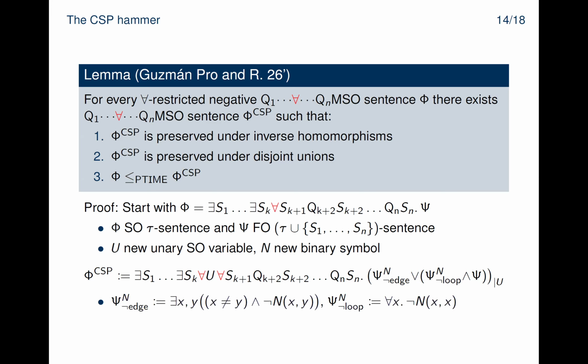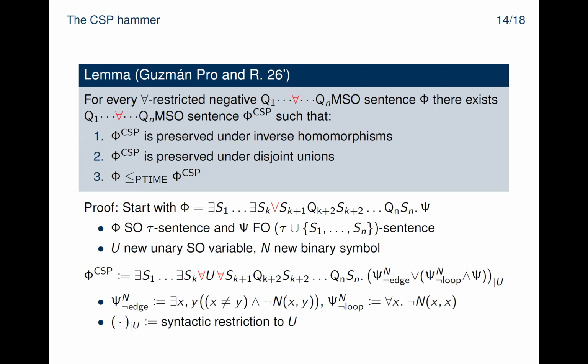This modified version consists of the original sentence psi, which still remains there, but now we have two additional conditions. The first condition, this psi not edge, checks whether there is a pair of vertices which do not have an edge in n. And if this happens to be the case, then the sentence phi CSP is automatically true. And this sentence psi not loop ensures that there is no loop in the relation n.